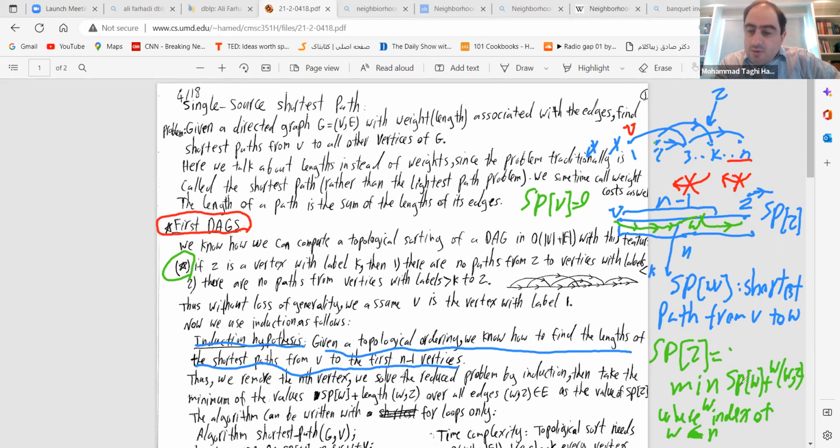Over all vertices W, find the one that has the shorter path, and that would be the shortest path to Z. By induction, if there is a shortest path from V to Z, otherwise SP of Z would be infinity, there should be such a vertex W. This part from V to W should be the shortest path, and then you should have an edge from W to Z. So you sum it up, and you take the minimum over everything. That's the whole algorithm to find the shortest path in DAGs.